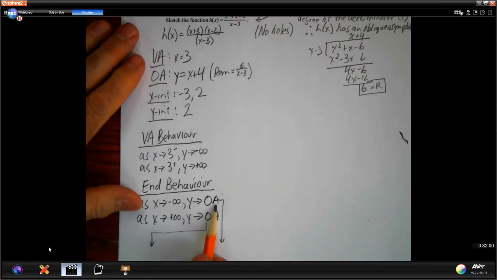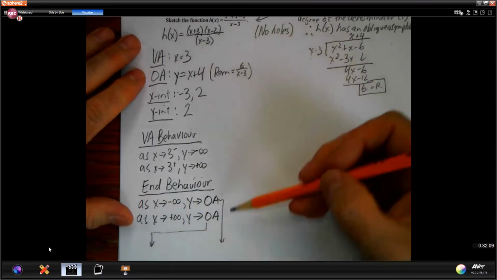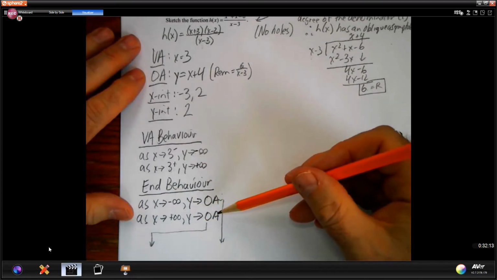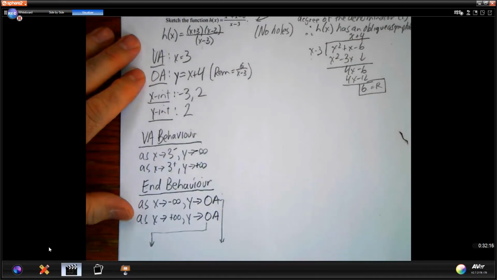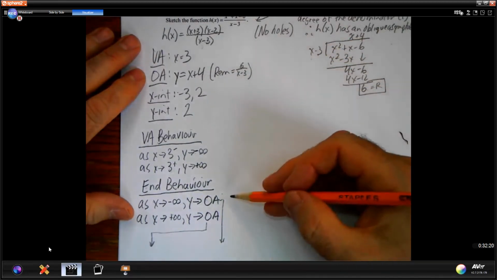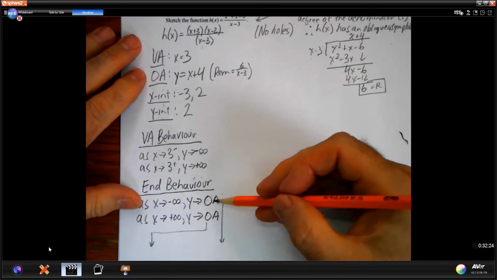Okay, so let's do the negative infinity. What we're going to be calculating is the value of the remainder for a point that we're using. It's a little bit hard to explain without the graph, but what I'm looking for is, is the value of y going to be the same as the oblique?